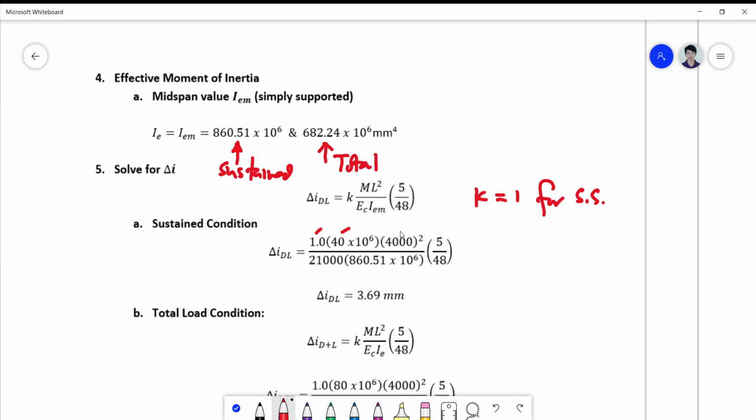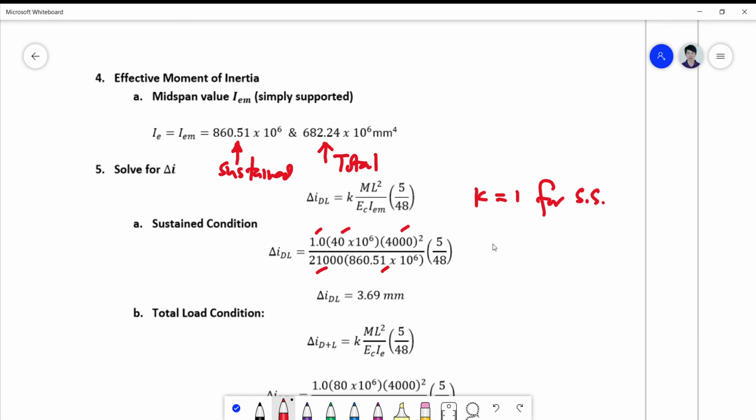L is 4 meters, so I made this in millimeter. So this is L. And then 5 over 48 is the factor. We get EC is 21,000 times 10 to the 6 megapascal. So this is 860.51 times 10 to the 6 millimeter to the 4.